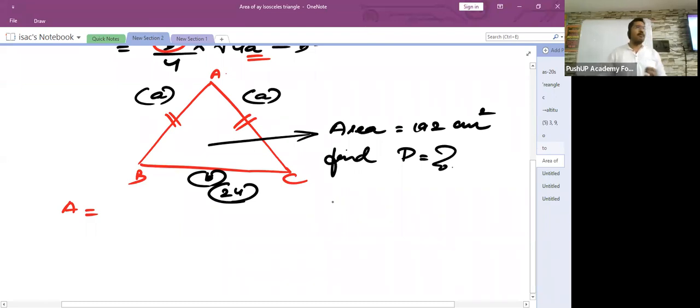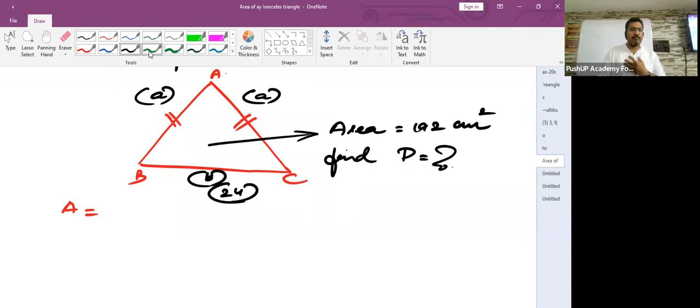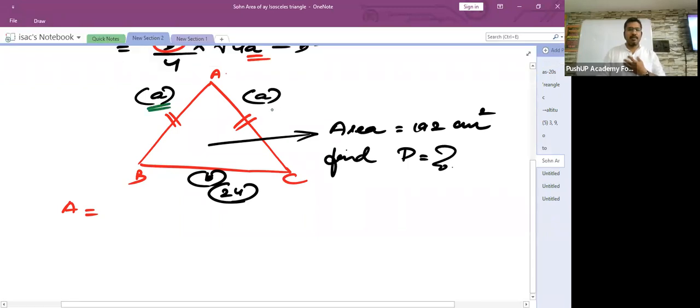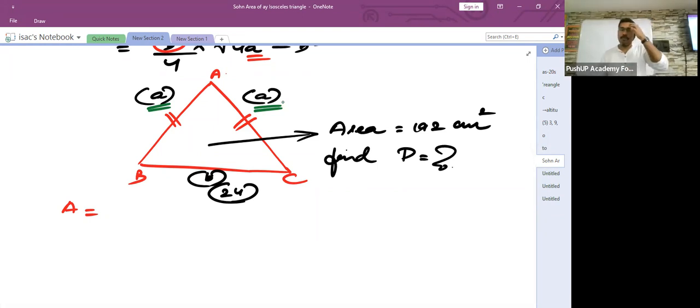Now, if you have to find the perimeter of this triangle, children, what I feel is we need the value of this a, isn't it? Unless you don't know what the values of AB and AC are, is it possible to find the perimeter of this triangle? No, you cannot find it. So the first thing we need to do is find the value of a. Once we get the value of a, we can take the sum of all the three sides of this triangle and get its perimeter.